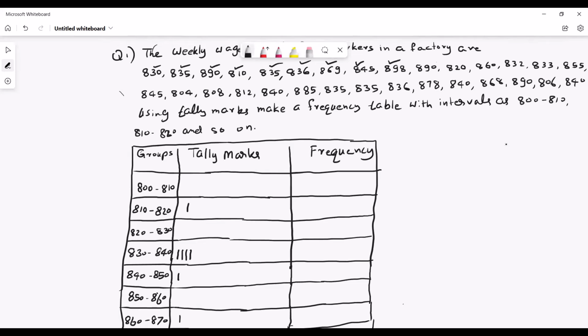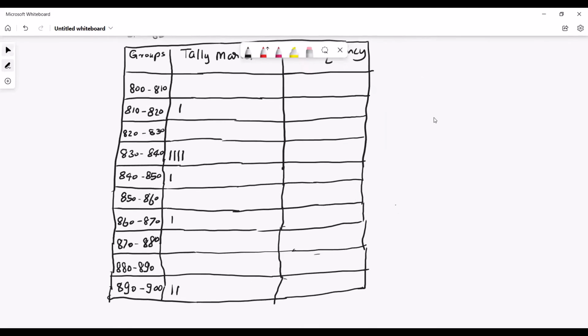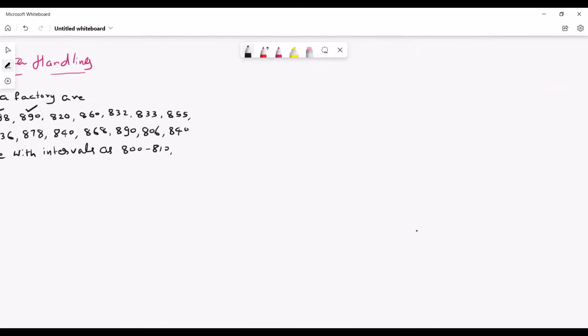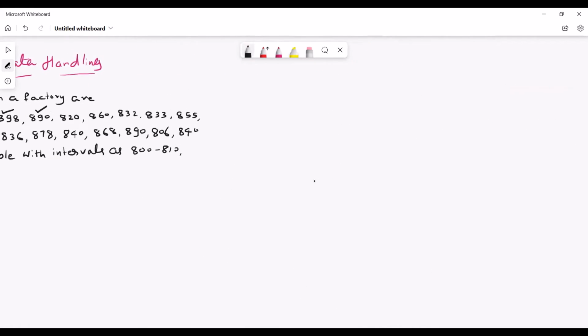Now we are having 890. So that also will be coming in that last row. 890 is here.